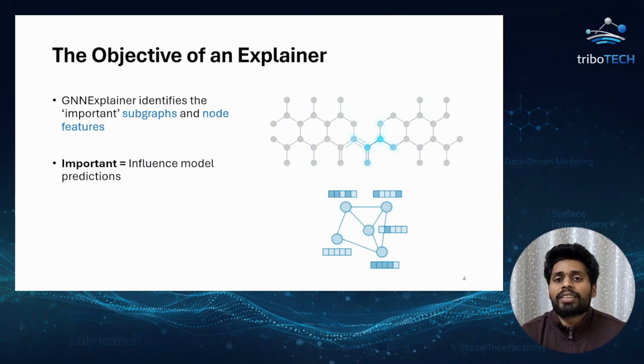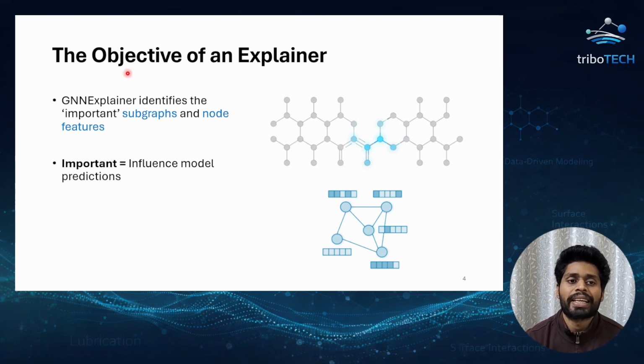So what is the objective of an explainer? The explainer identifies important substructures within the graph. What is the meaning of important here? Important means that these substructures influence model prediction.